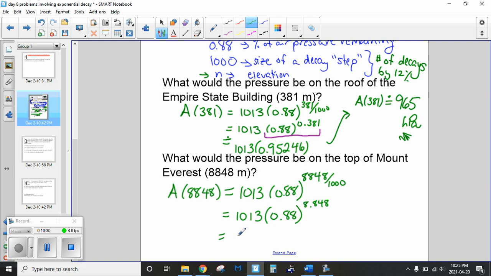That's working out a little bit nicer. 0.3226688. You can keep a couple of extra decimal places beyond what you feel you're going to need at the end. And then in the final answer, you can always round off. So we're going to multiply that by 1,013. And I'm looking at 327 hectopascals.